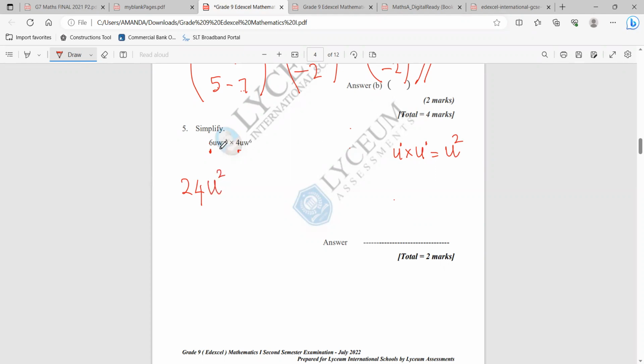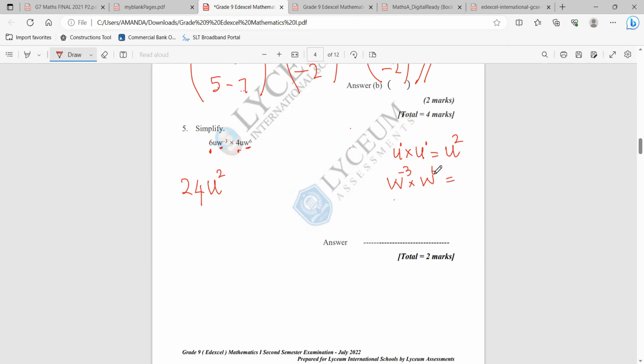And then w. Then we have here w to the power negative 3, and w to the power positive 6. So let's write it here. W negative 3 times w 6, power 6.